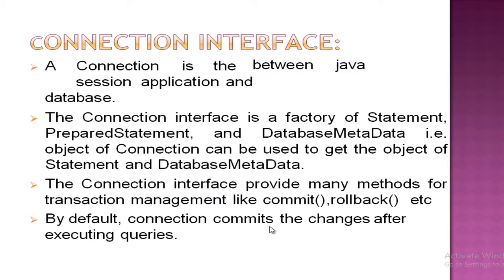By default the connection commits the changes after executing the queries, so that is called the commit. To cancel the transaction, you have to use the rollback, right? So for the connection interface, the most important thing, guys, is that it is used to get the object of the statement and database metadata. Okay, and for the transaction management we have discussed commit, rollback, savepoint. These are the commands used.